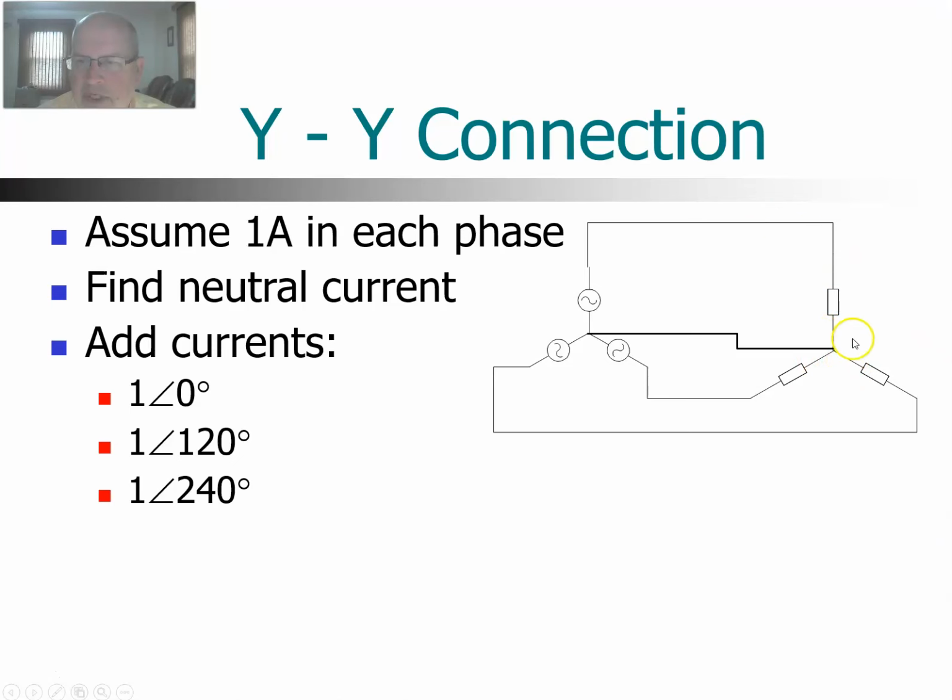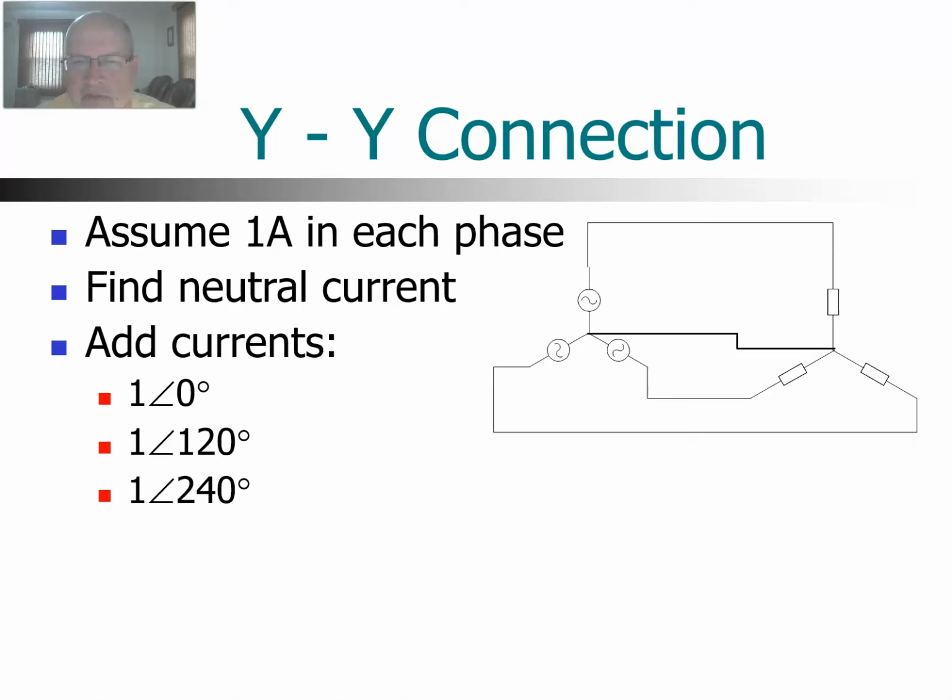And if we do a Kirchhoff's current law, right where the load meets here, the sum of the three phases should give us the neutral current. And just for sake of argument here, we're going to assume 1 amp, and one phase would be at a 0 angle. The next one would be 120 degrees apart, or 1 angle 120. And the third one, again, 1 amp, but this time would be angle 240.